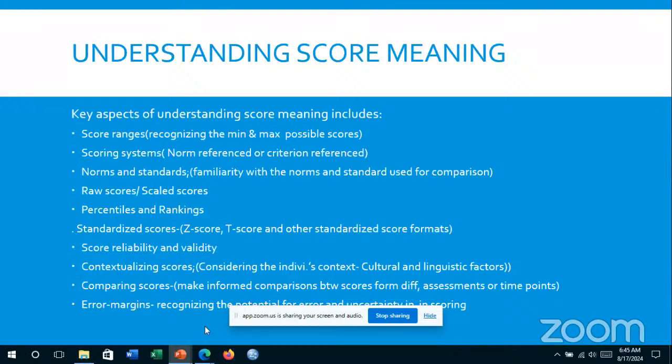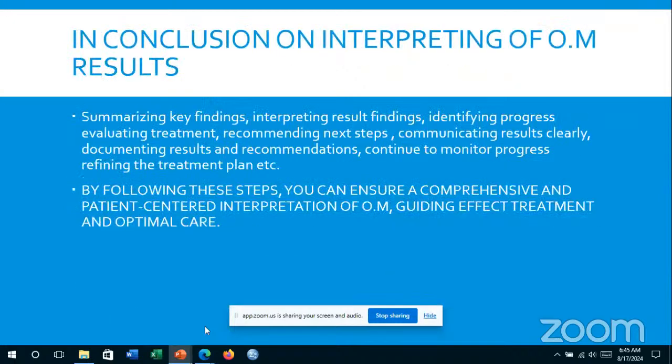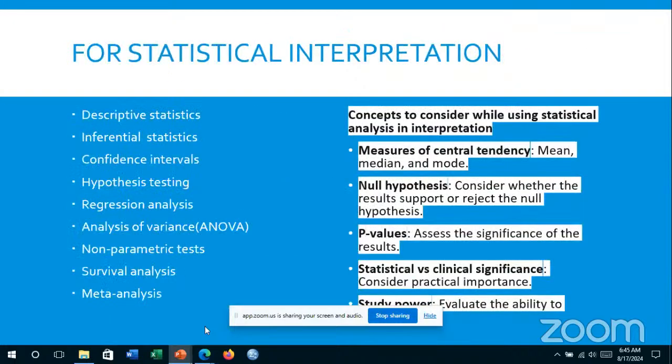You can also compare scores with what normal or average people have in terms of score in that area, in that outcome measure. And of course, you also have to take into consideration the error margins in the scoring of the individual.